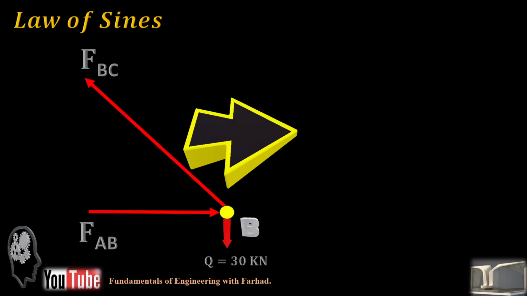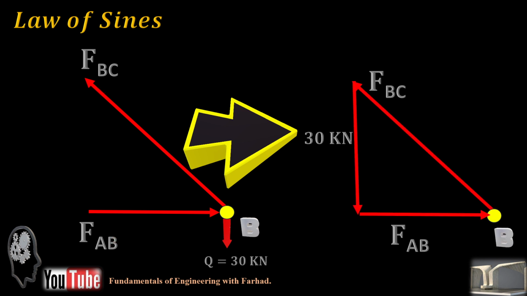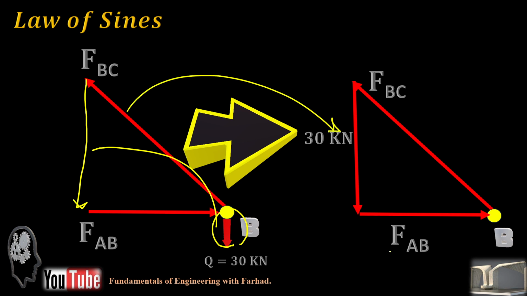So we have the 30 kilonewton at B, FAB, FBC. And we just move this force over here, replacing this 30 kilonewton to create our triangle.